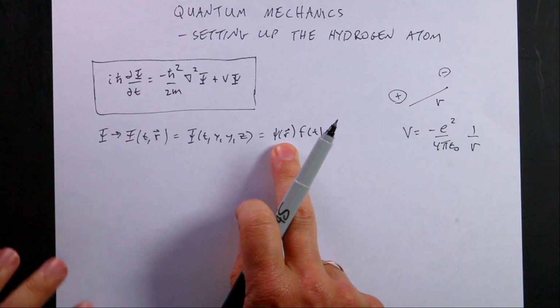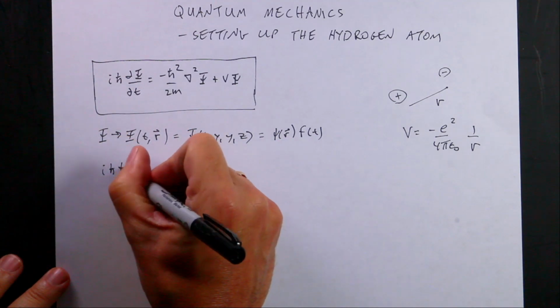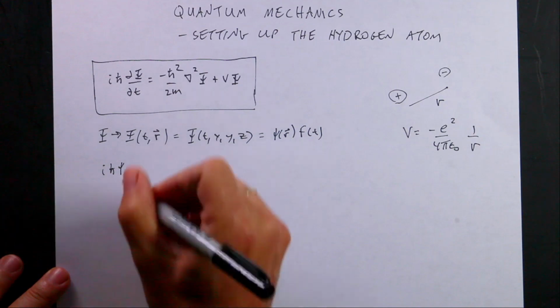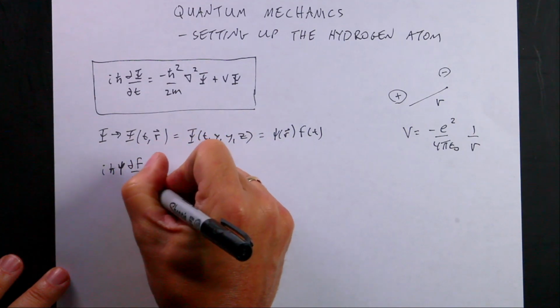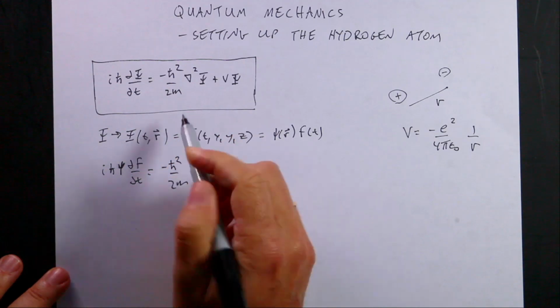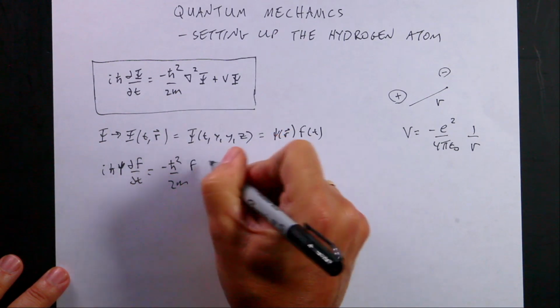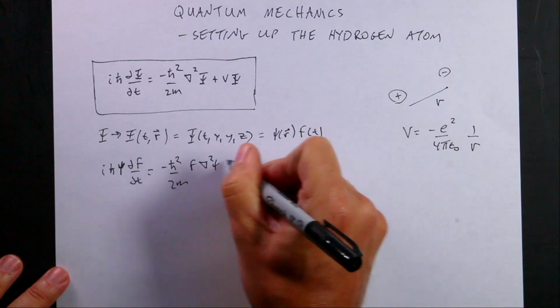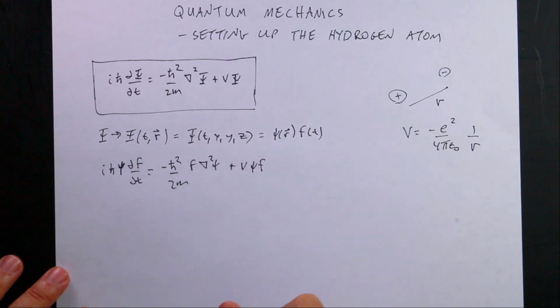So I can just pull that out front. So I get i h bar psi. I'm going to leave off the r part. That's a psi. Partial of f with respect to t equals negative h bar squared over 2m. Now again, this is a spatial derivative and it's not going to depend on time, so I can pull the time part out front. f del squared psi plus v psi f.